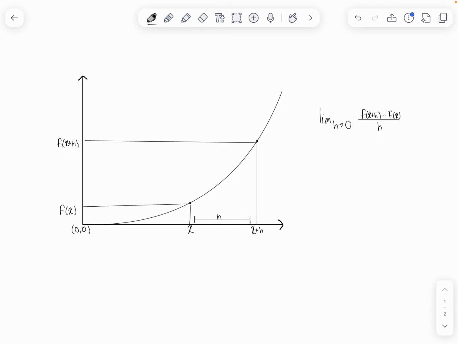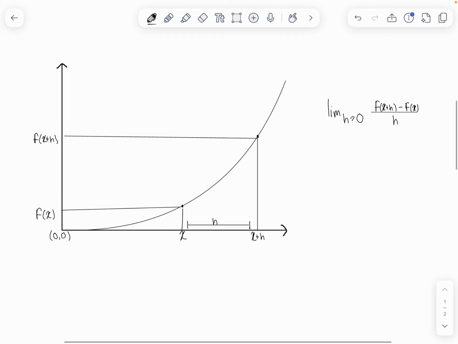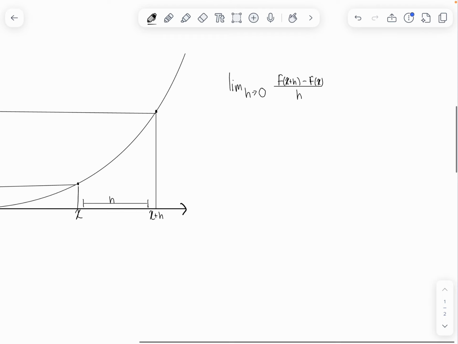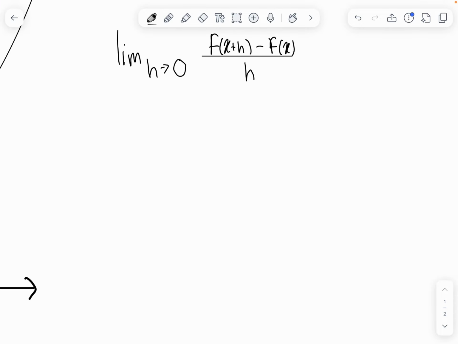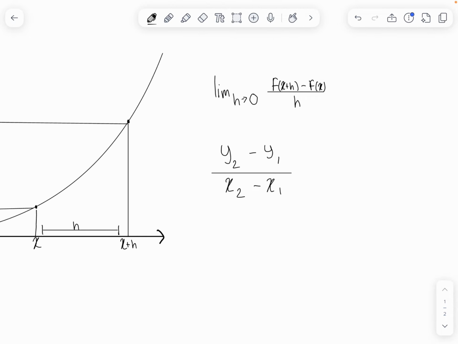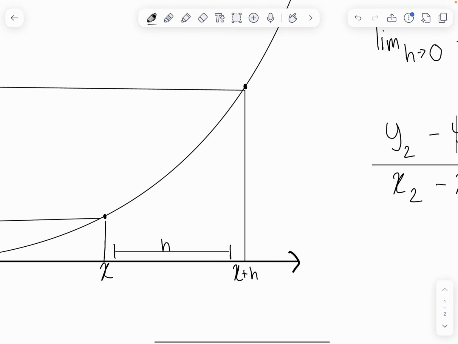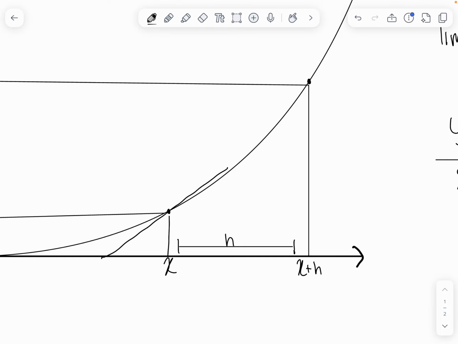But now, what does this have to do with the formula? Well, recall that the slope of a straight line is y2 minus y1 over x2 minus x1. Okay, so what happens? Actually, first, let's draw a straight line through here.